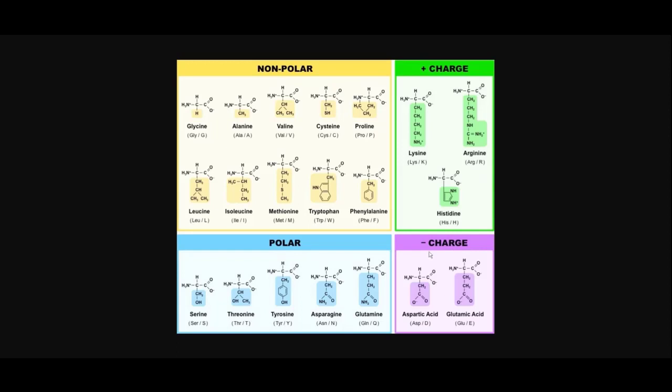And then you have the acidic amino acids, which are aspartic acid and glutamic acid. Like I said, they're not always negatively charged. The charge depends upon what the pH is, and I'm going to go into that in a moment.